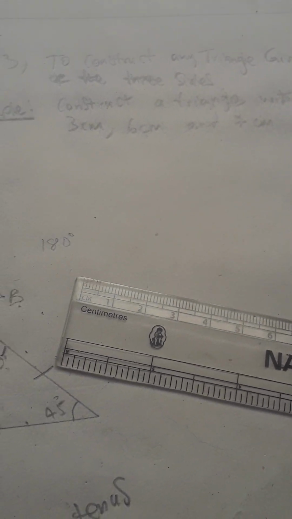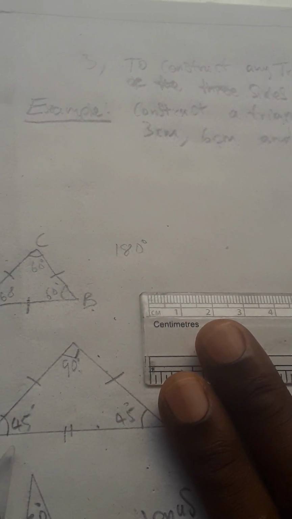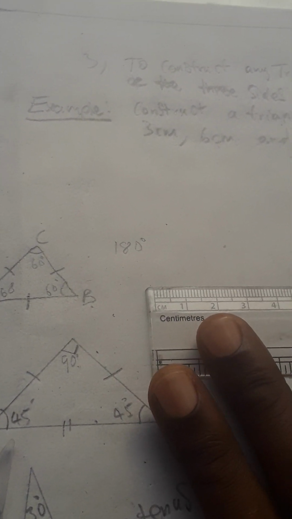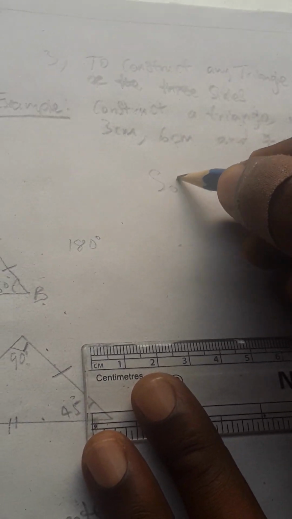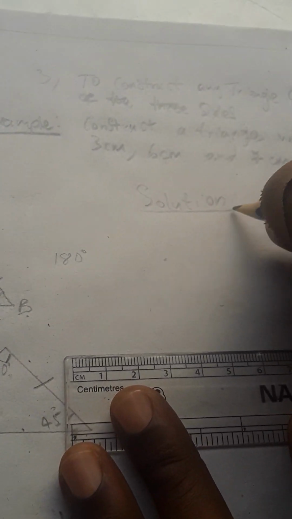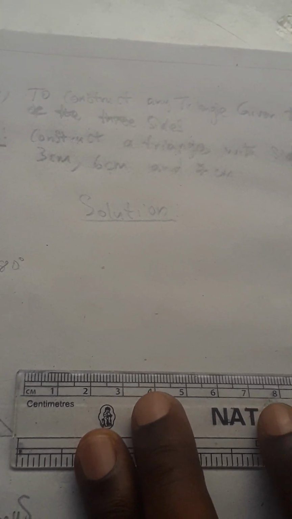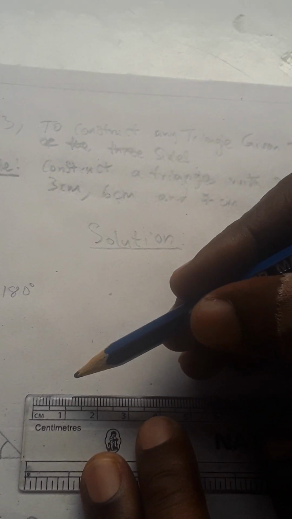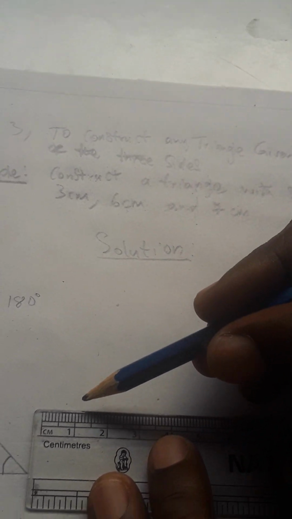So how do you go about this? First of all, you have to draw a horizontal line. Right, let's write the solution. Let's draw a horizontal line AB.